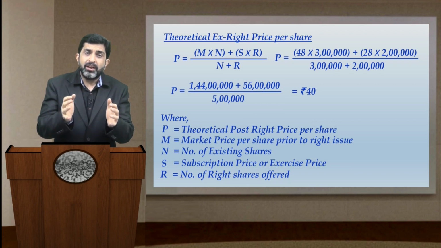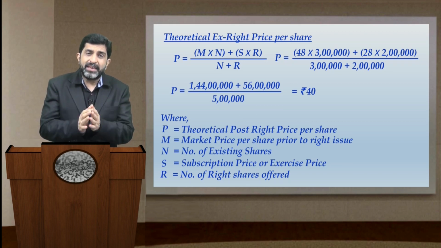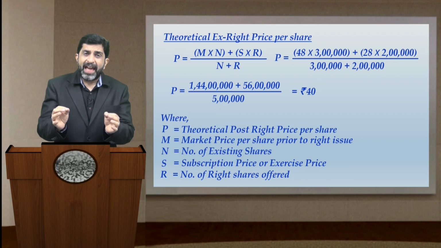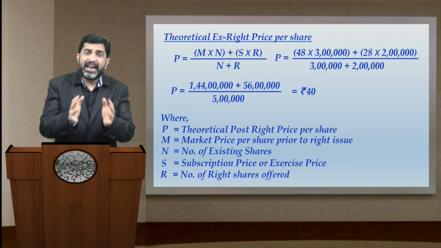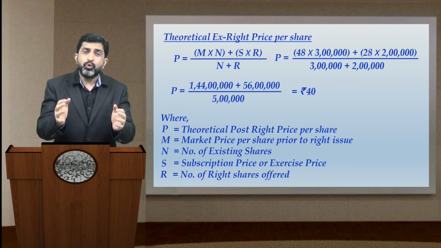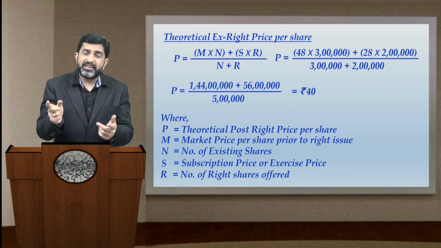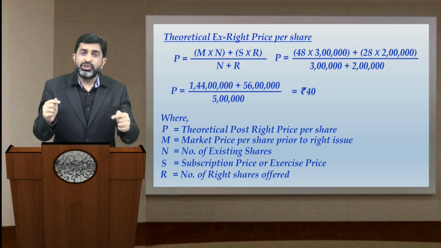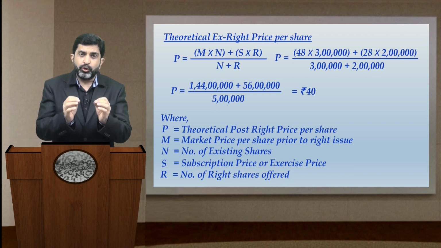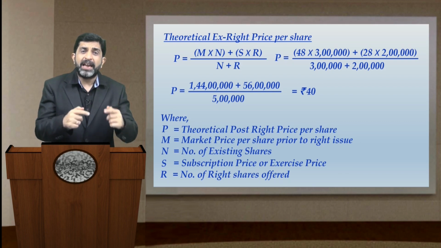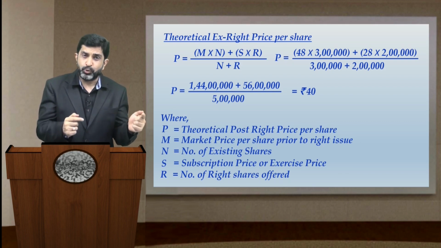The total net worth will be 1 crore 44 lakhs and 56 lakhs aggregated. What you get is 2 crores. And now the total number of shares earlier were 3 lakh shares, and the new shares issued on account of right issue were 2 lakh shares. So in total there will be 5 lakh shares after the right issue.